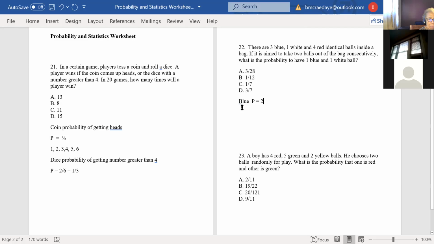And let's see, 3, 4, 8, that would be 2/7. And if you took the white, that would really be no whites.